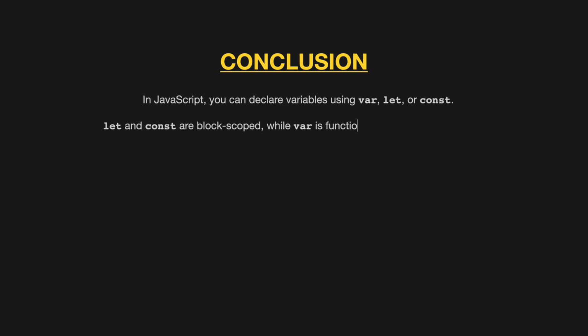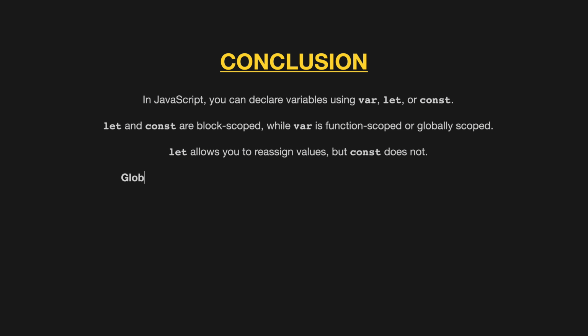Finally, let's summarize what we've learned. In JavaScript, you can declare variables using var, let, or const. Let and const are block scoped, while var is function scoped or globally scoped. Let allows you to reassign values, but const does not. Global scope means a variable is accessible from anywhere in the program.